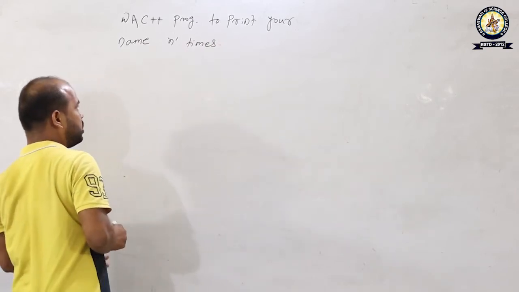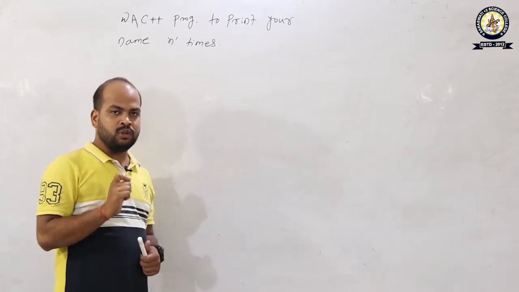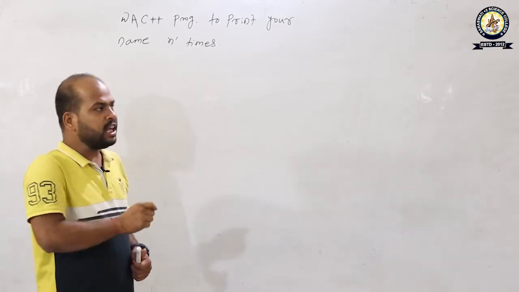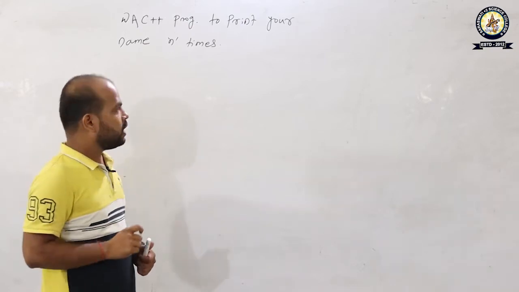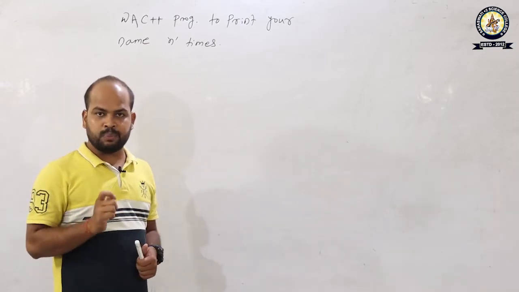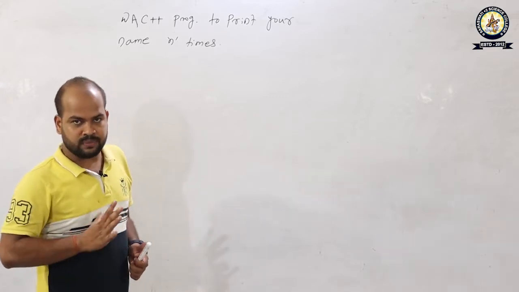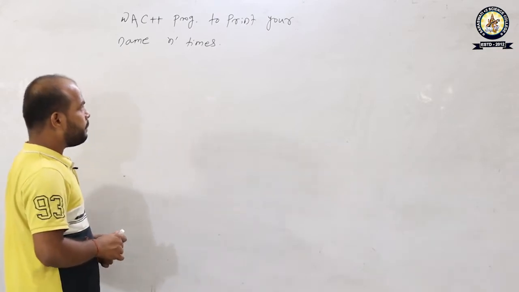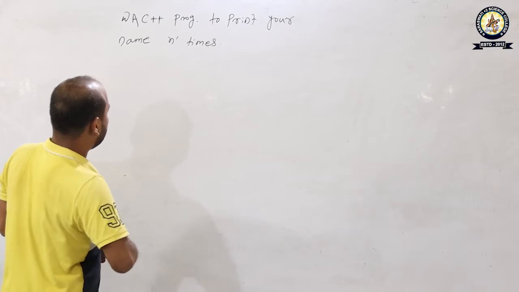N times means you have to input a range. That means if you put 10, then your name will be displayed 10 times. And if you put 20, then your name will be displayed 20 times. Okay, got it? Okay, first what you will write, just watch.